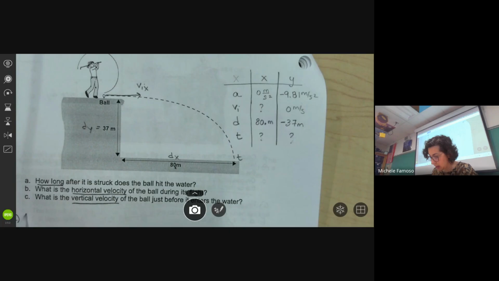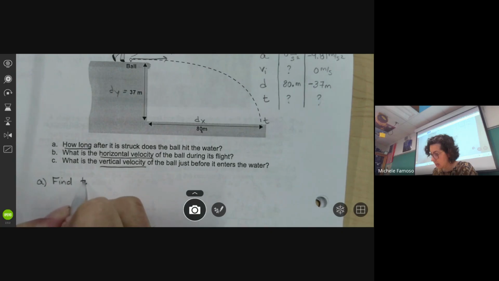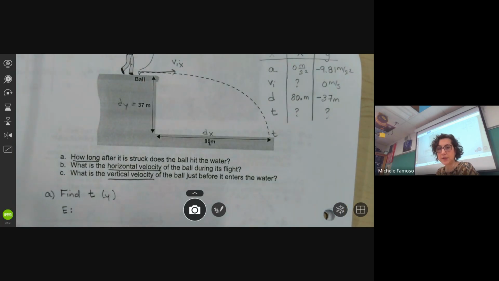All right. Part A, Janicia, what am I asking you to find? Yep, T. Any ideas which set of givens I'm going to use, the X or the Y? Yep, because we know more. Kiara, what equation can we use in the Y direction to help us get that time?